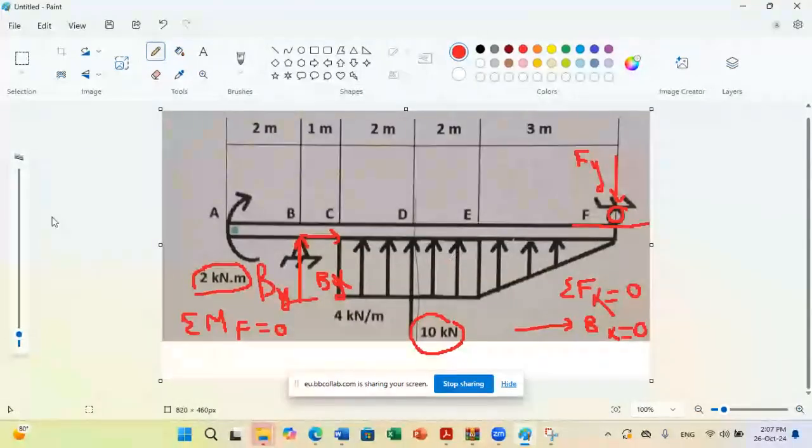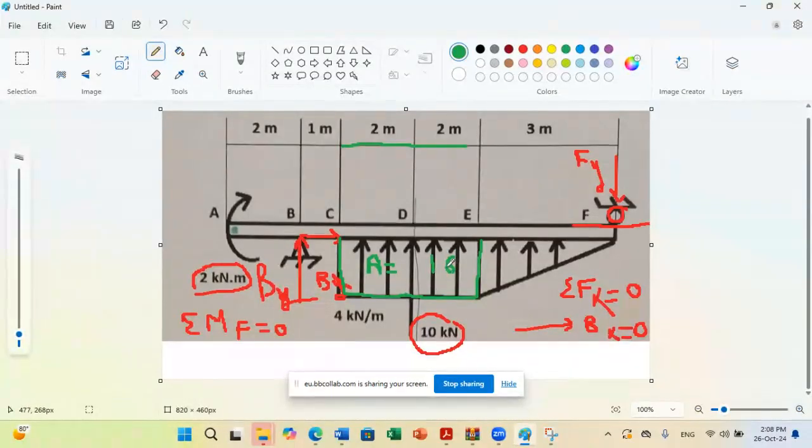And for my distributed load, I have a rectangle and a triangle. For the rectangular load, I can replace it by a force of magnitude equal to what? To the area of this rectangle. The area of this rectangle is 4 kilonewton per meter times the length, which is 4 meters. So in total, this area equals 4 times 4 equals 16.